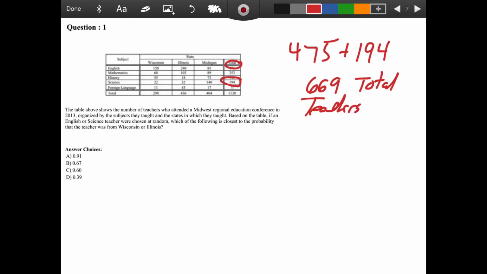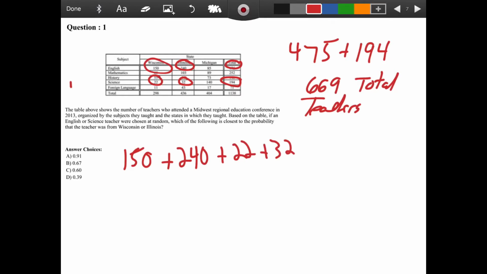Now, what we need to do is we need to add up the English teachers from Wisconsin or Illinois and the science teachers from Wisconsin or Illinois. So I'm going to add all of these numbers. So in the calculator, I'll do 150 plus 240 plus 22 plus 32.